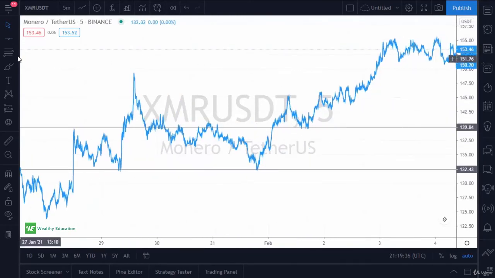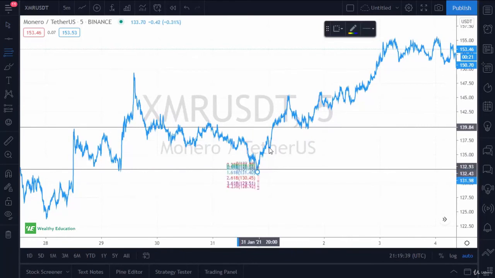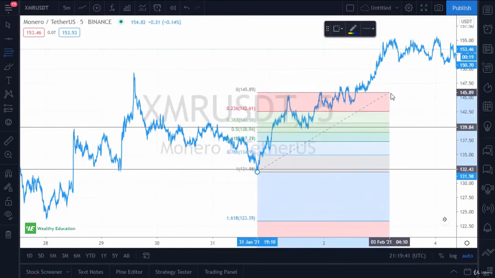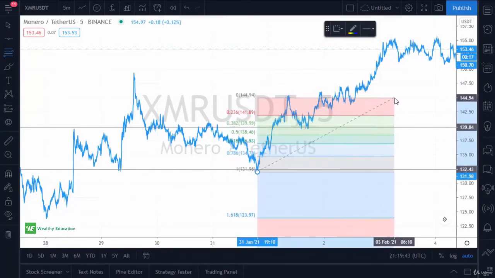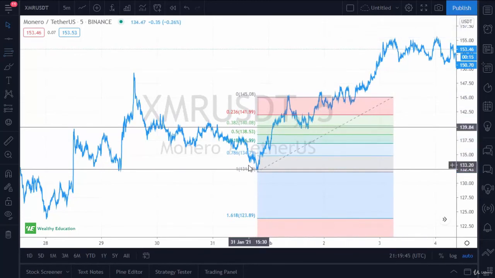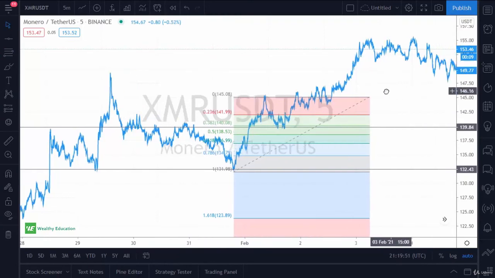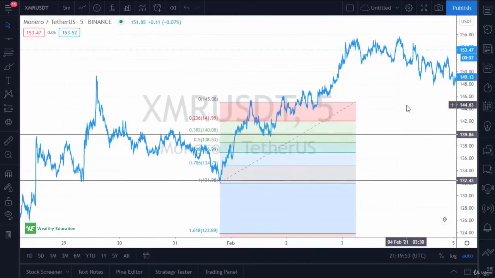You know, this is an obvious area where we came back, we tested, we found a little bit of support right here at the 38.2. Now, the thing is, the less you pull back, the more likely you are to have an extended move. And you can see we did extend it.